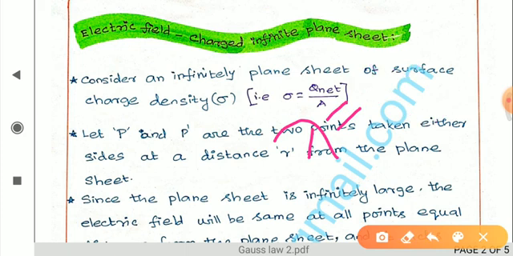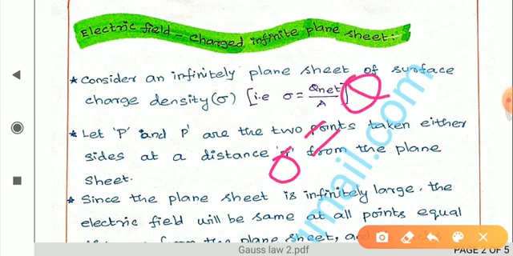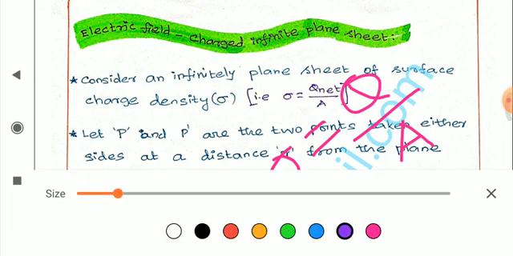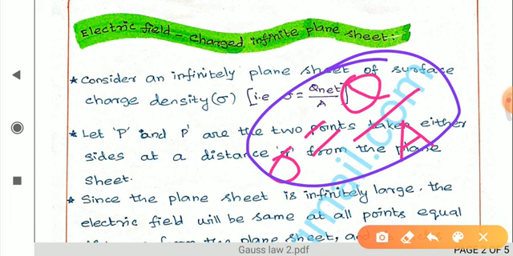That is surface charge density, sigma is equal to Q by A. Why? Because here we are not considering any particular length. There is no linear conductor taken. Only the plane sheet of a particular surface we are considering. That's why the surface charge density is given by the formula sigma is equal to Q by A.